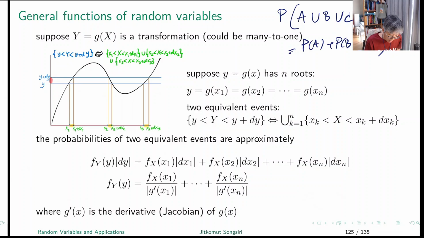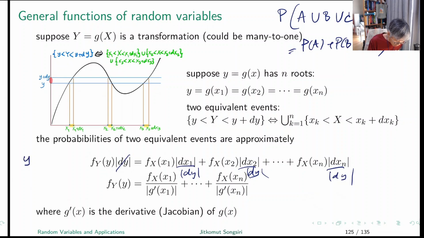Okay. And what we're gonna do is that because you want to derive fY, you're gonna move these around to the denominator, to the denominator, to the denominator. So you're gonna have each of the term that looks like this.